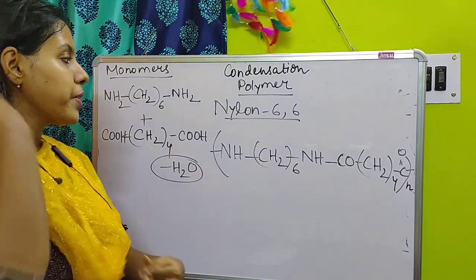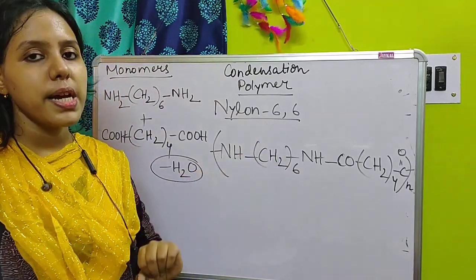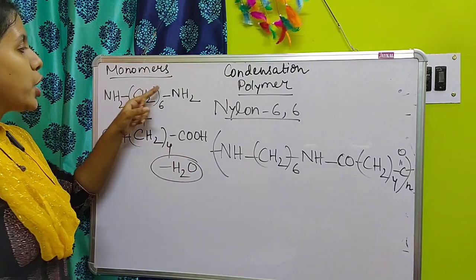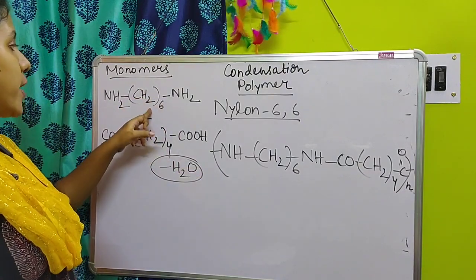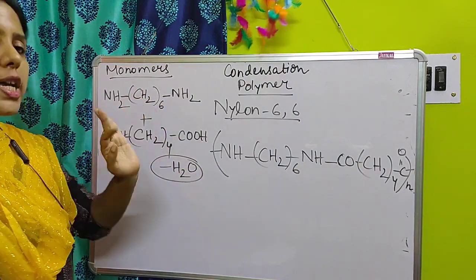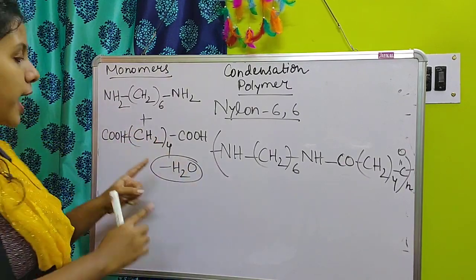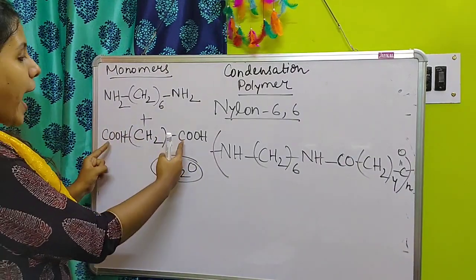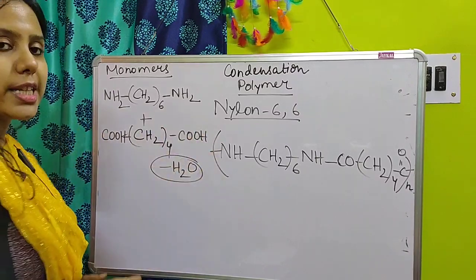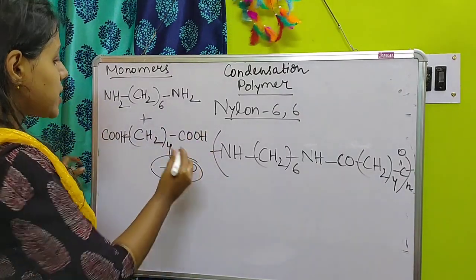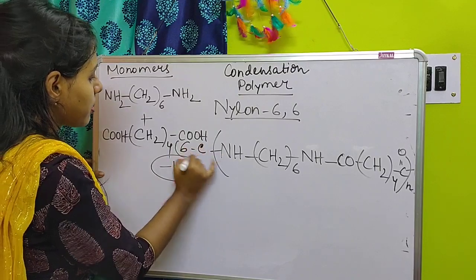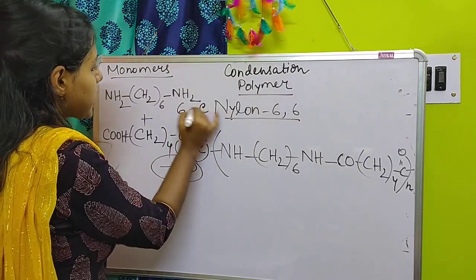Okay, so why is there written 6,6? Because observe here, two monomers are there. In the first monomer there are 6 carbons, and in the second monomer there are also 6 carbons, 4 in the middle and 2 carbons outside the bracket. So there are 6 carbons and also 6 carbons.